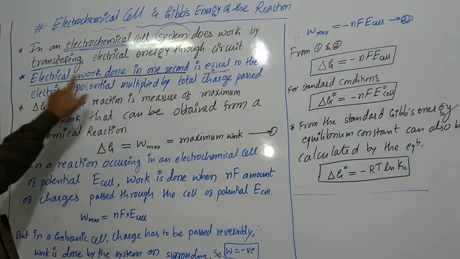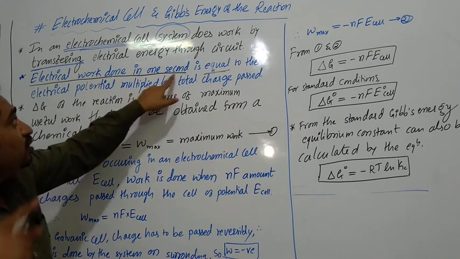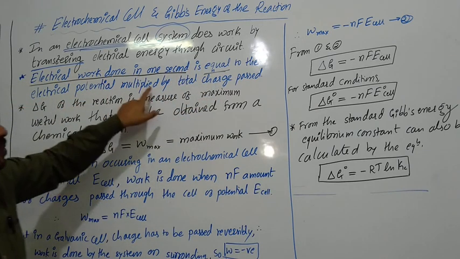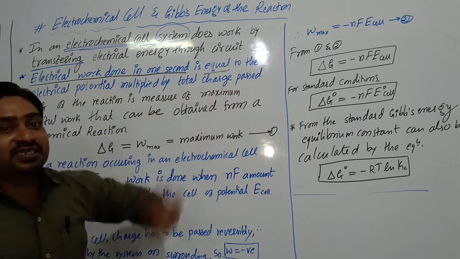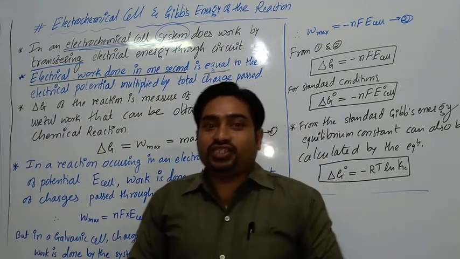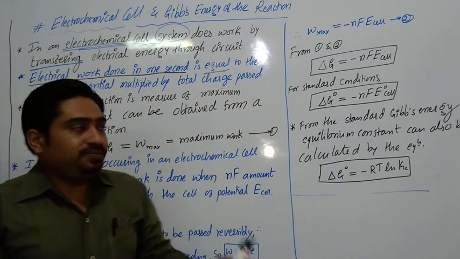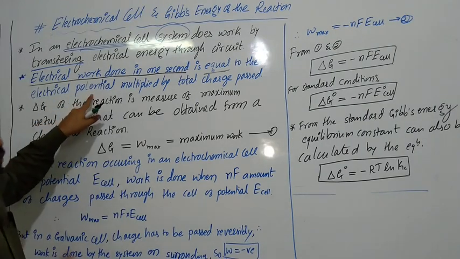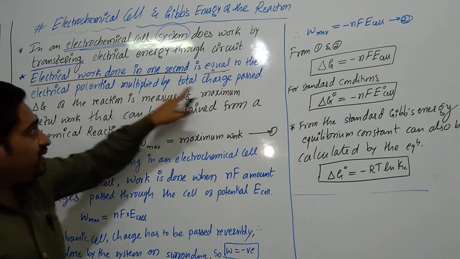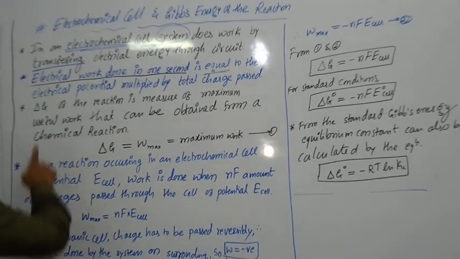So in our electrochemical cell, the electrical work done is equal to the cell potential of the system multiplied by the total amount of charges passed through the cell.